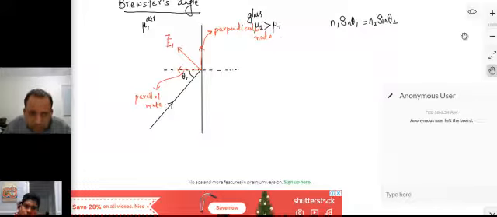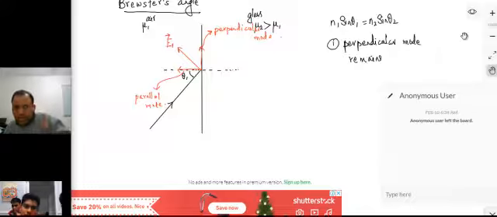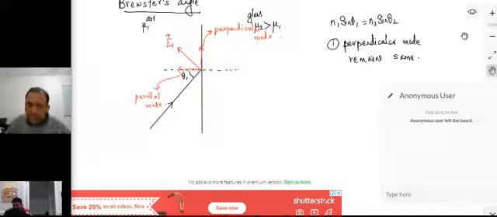The first result is that the perpendicular mode remains the same. So the component that is along the plate remains the same during refraction. And the second is the parallel mode.